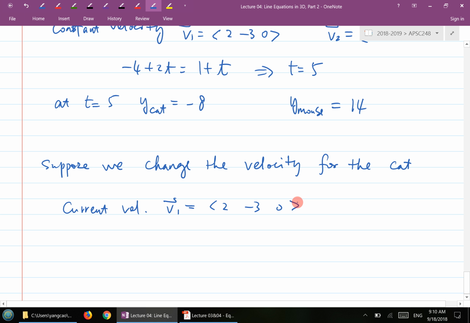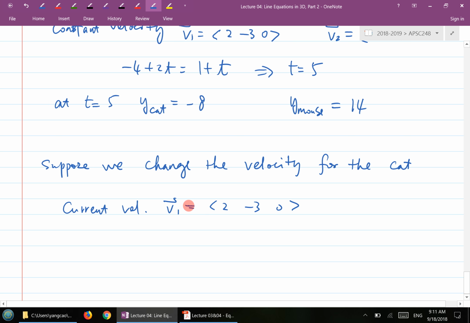Changing to a different velocity essentially means you're not changing direction. You're still at constant velocity. So what's the difference between the new velocity and the current velocity? It's just a difference of scale.